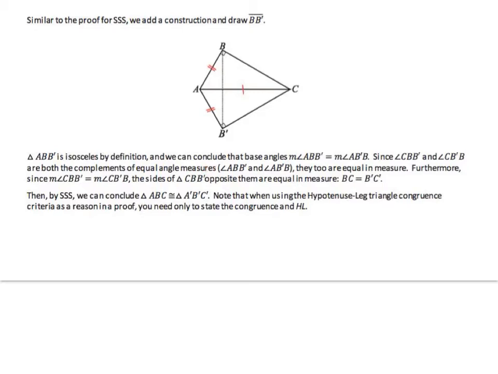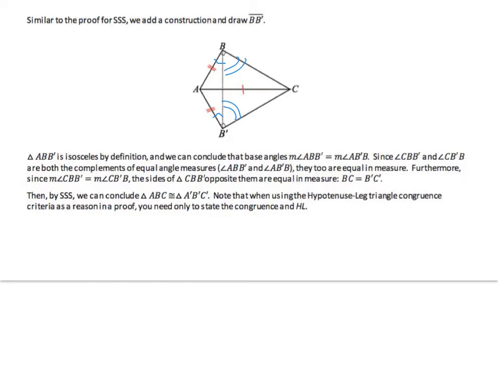Remember, complements add to 90 degrees. So what that just said is these little angles are equal in measure, and these angles are equal in measure because they're complements of each other.